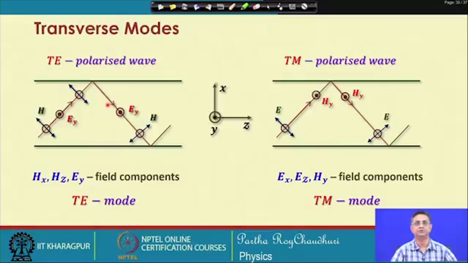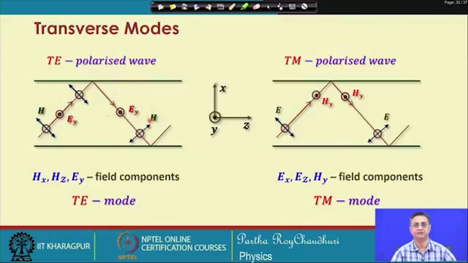Okay. So, we have already seen that the TE polarized wave forms this configuration, that is your electric field is perpendicular to the plane of the board and magnetic field is lying in the x z plane, and this is your z direction, and there is a change in the refractive indices across these two interfaces.